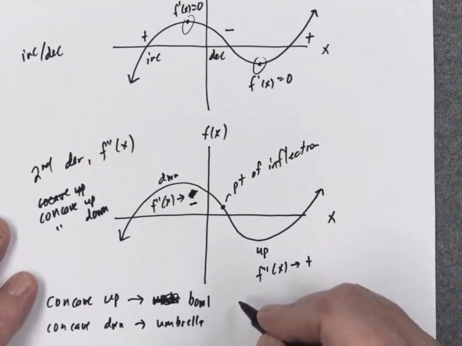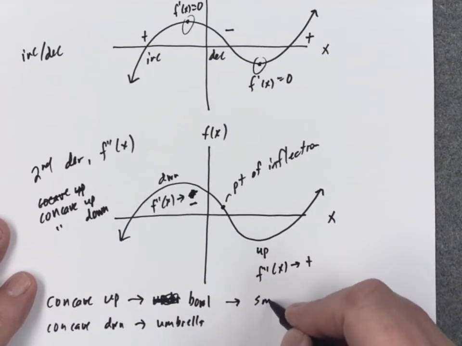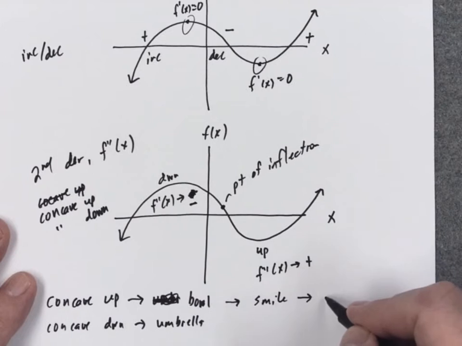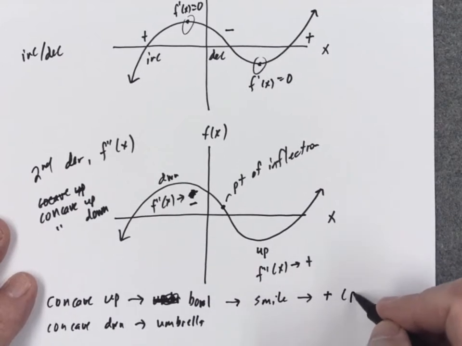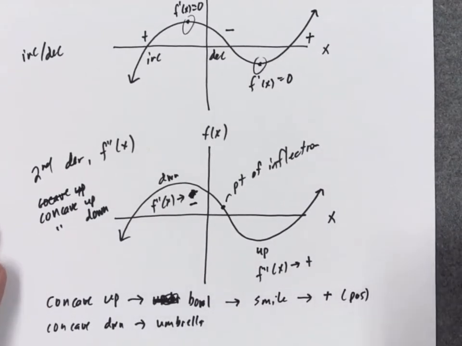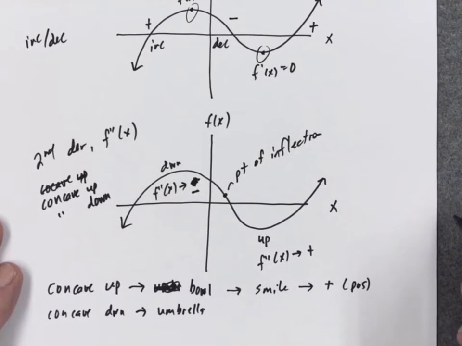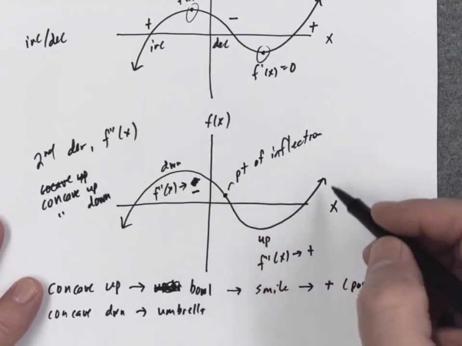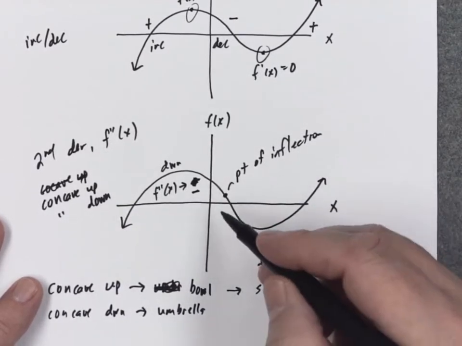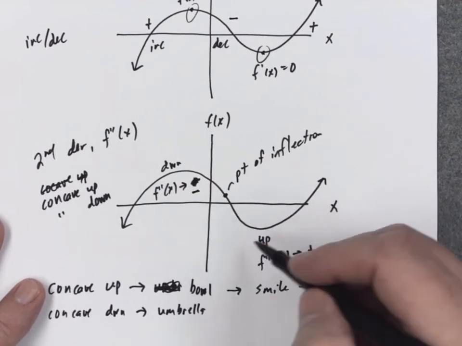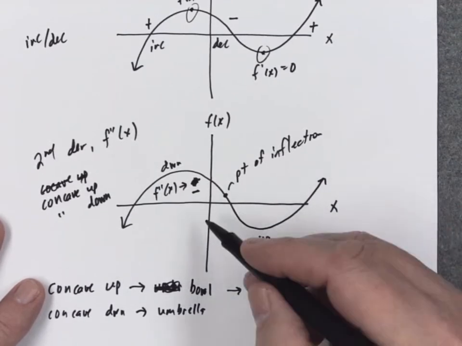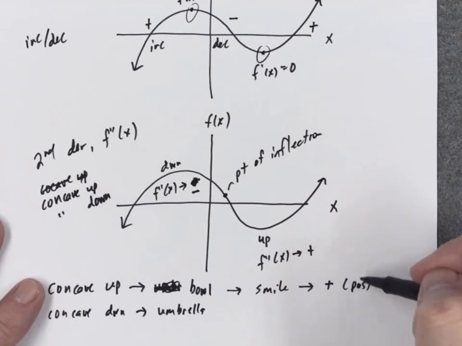Concave up is like a bowl. You can also think of it as a smile, and a person who smiles is a positive person. So if I'm trying to remember concave up, is that second derivative positive or negative? I remember a smiling person is a positive person.